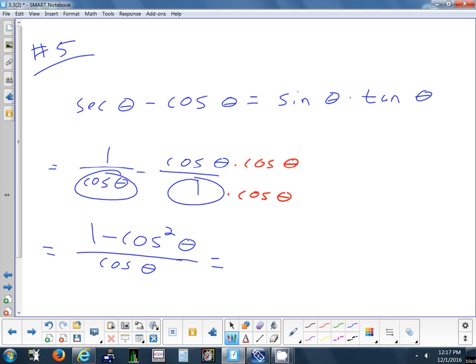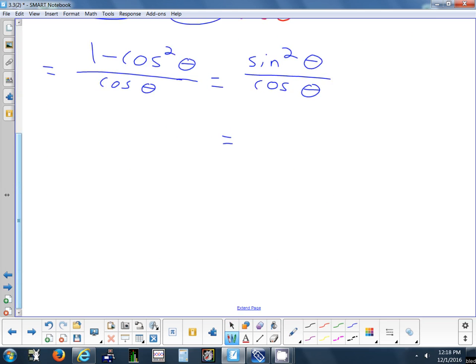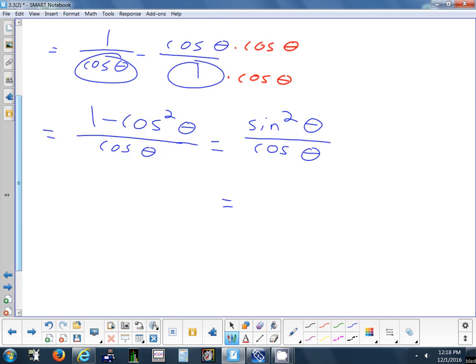This is again Pythagorean identity number 1. 1 minus cosine squared is sine squared over cosine. Okay, and as I walked around today, the trick I gave people here is, what does sine squared mean? It means to do sine times sine. And what's still left in the bottom?